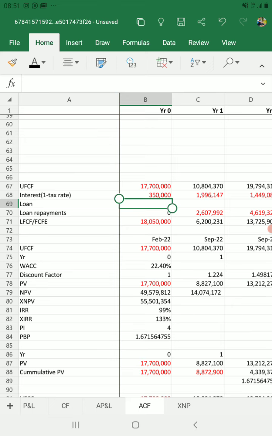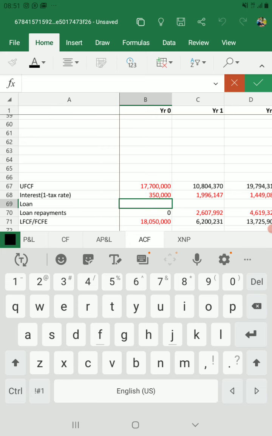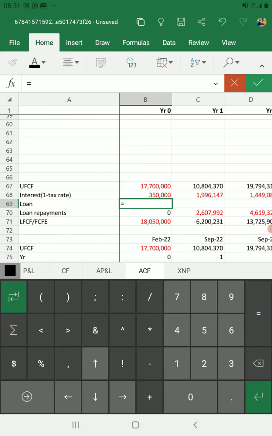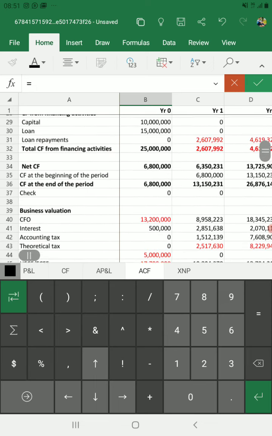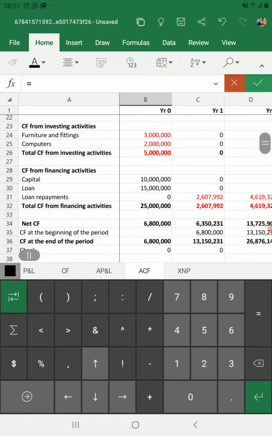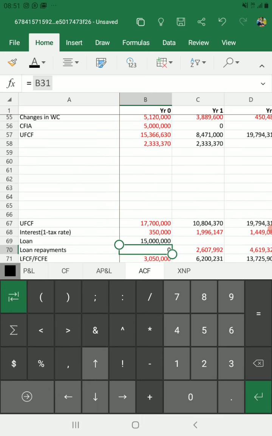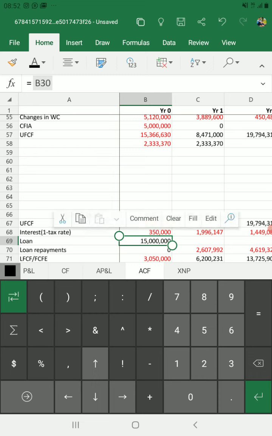So I put the formula starting with an equal sign, and then click on cash flow. Here we are in the cash flow. There is this loan payment, loan. Okay, so press enter. Because this increases funds in the business, it's positive. Let me tap this formula.